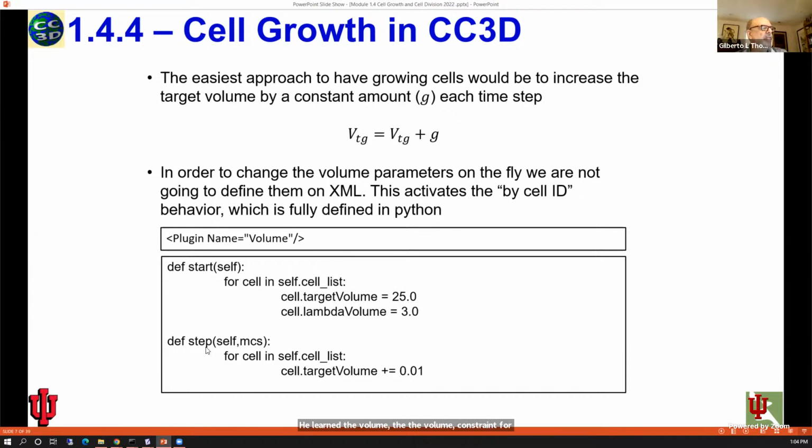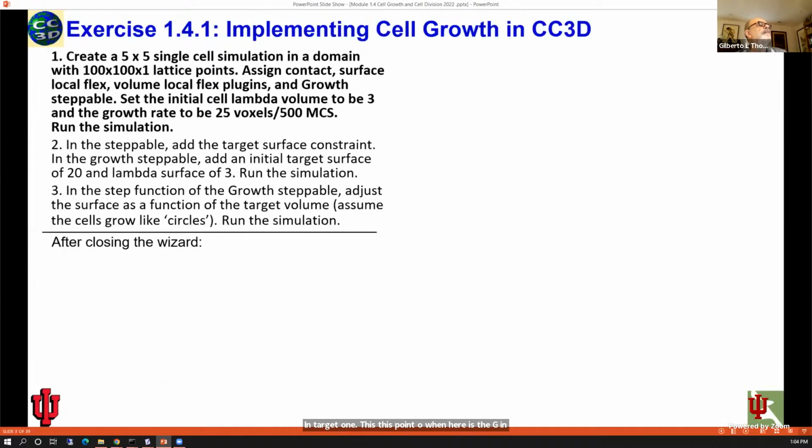And in the step function, you make the change you have to do in the target volume. This 0.001 here is the G in the expression above, sorry. Let's see then how to implement this cell growth in CC3D.